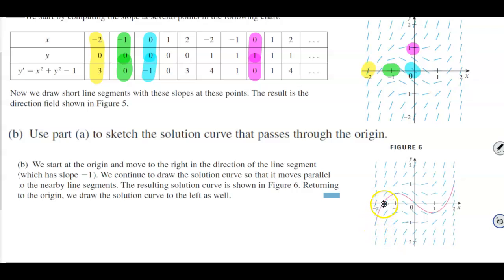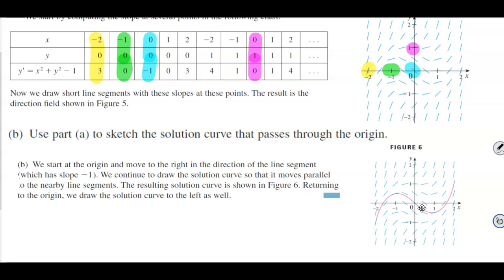You can pick certain graphs located on this direction field, and the curve changes direction according to the segments. If we start at the origin and move to the right in the direction of the line segment, the line segment is going down, so it's telling us that we have to go down.